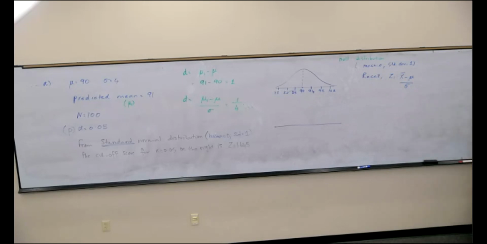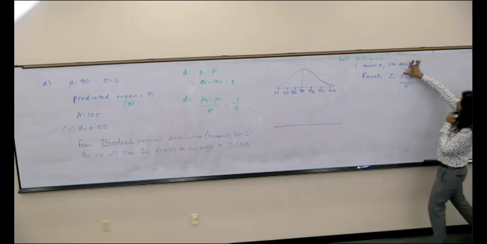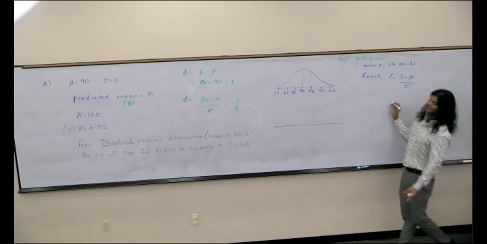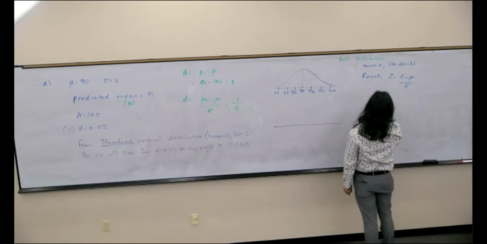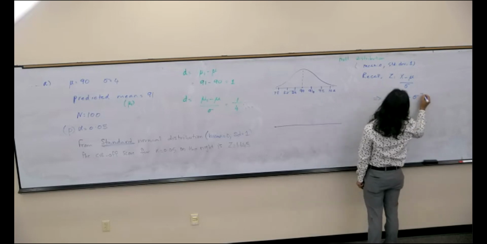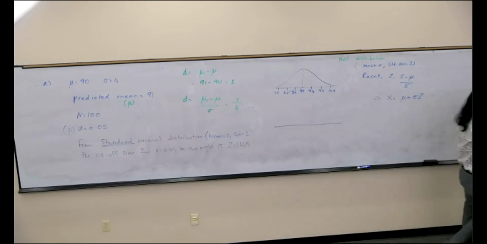That is the formula for z-score: observation minus the mean divided by the standard deviation. If I rewrote it, algebra, multiply both sides by sigma, move the mu to the other side. That's what you do. I simply did basic algebra.